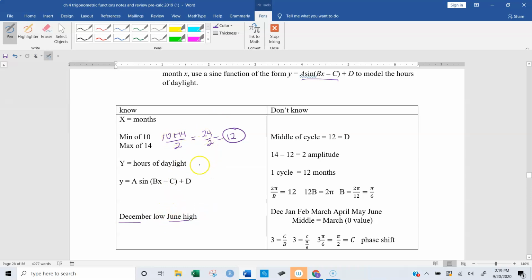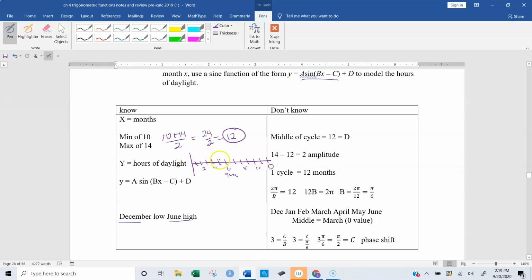Well, if I start this without any movement, let's just look what this looks like. We go here, we have 1, 2, 3, 4, 5, 6, 7, 8, 9, 10, 11, 12. So this is December. 2, 3, 4, 5, 6, 7, 8, 9, 10, 11, 12. So this is June, right? It says December low and June is high.